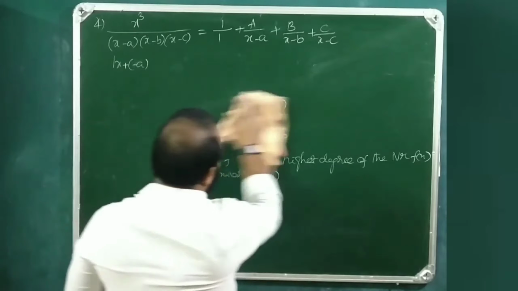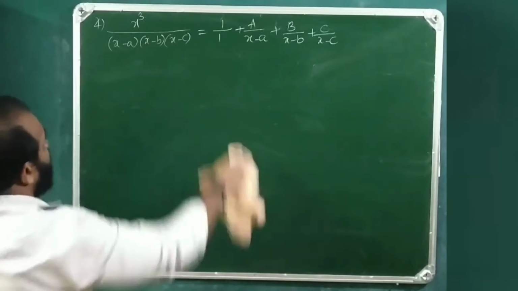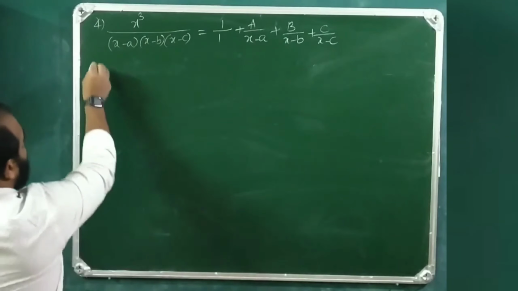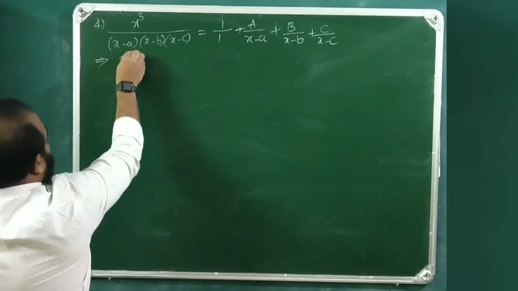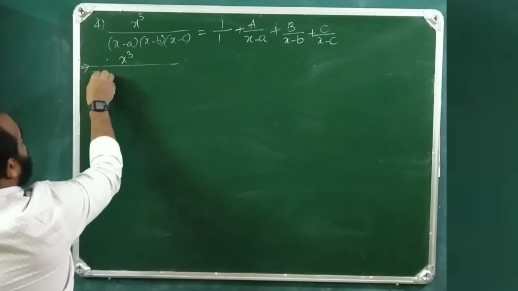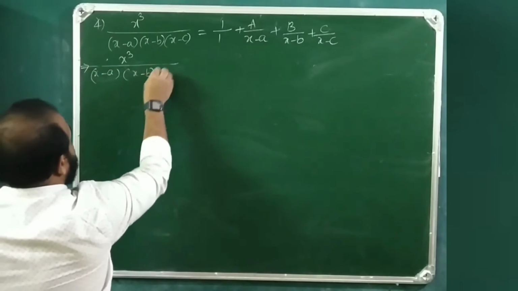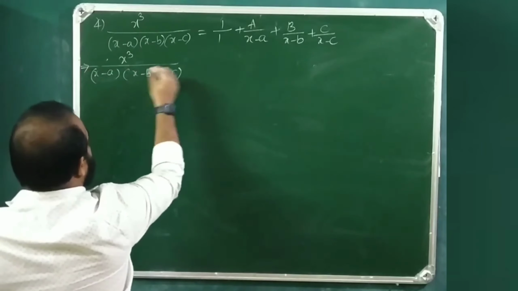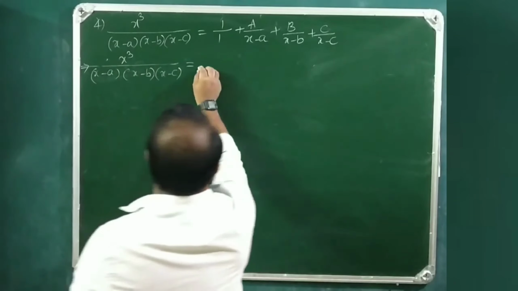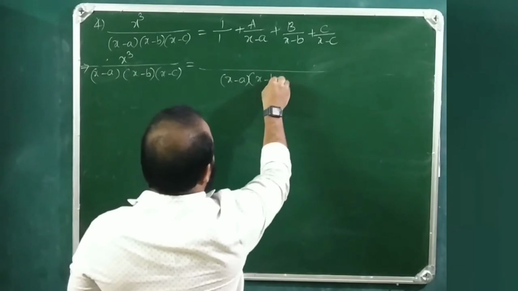Now, let us proceed. So x cube by (x minus a) into (x minus b) into (x minus c) is equal to, this is all x minus a, x minus b, x minus c.